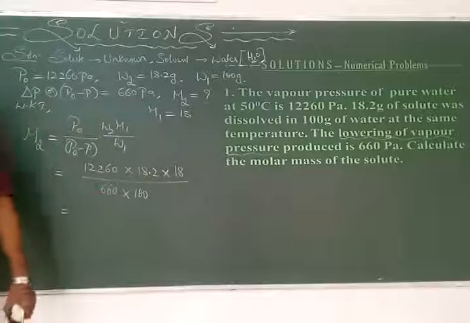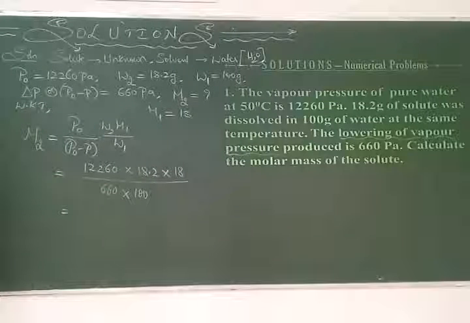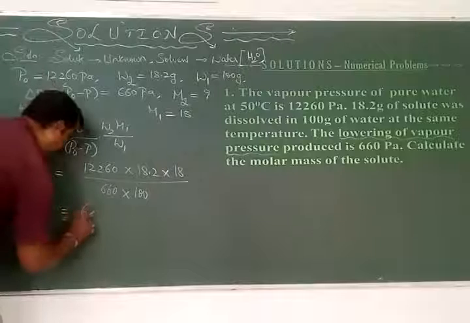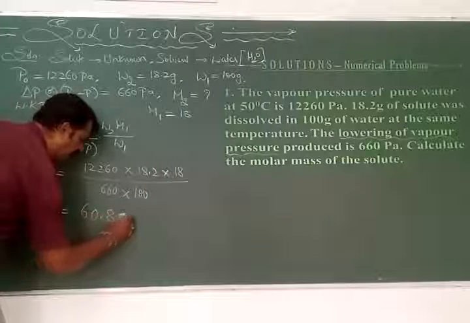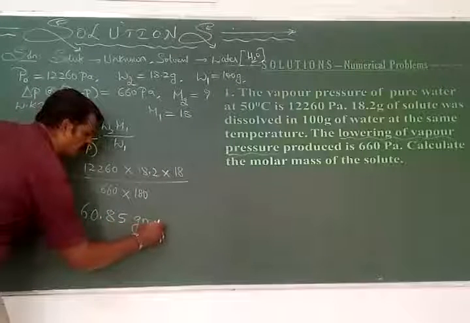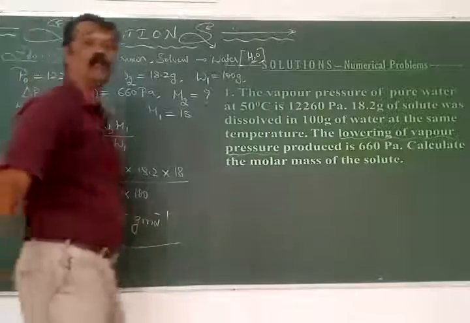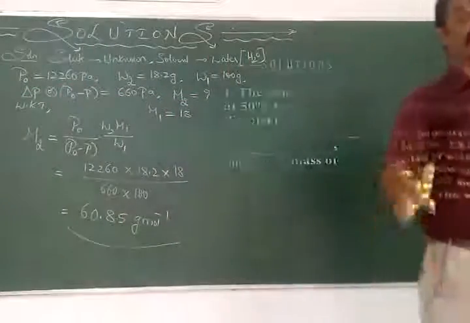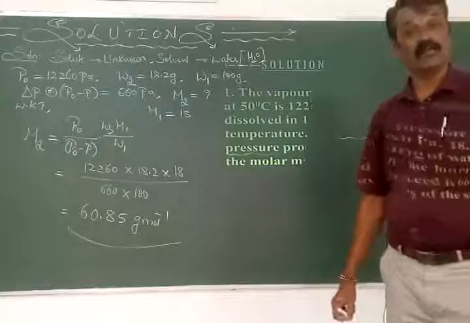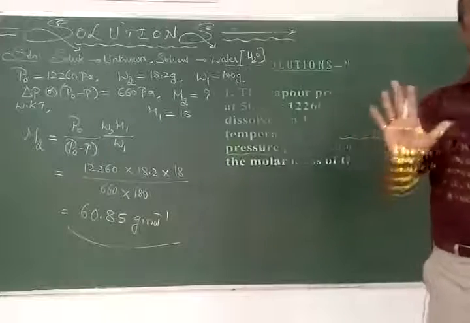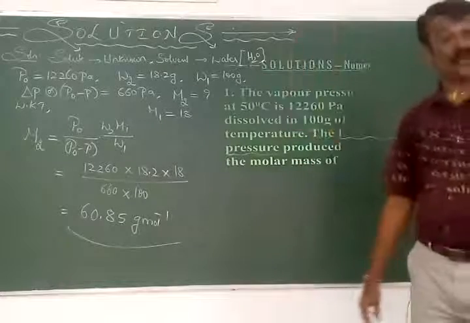So upon simplification, I will get the final answer of 60.85. The unit for this is gram per mole. Gram per mole is nothing but molecular mass. Or you can just keep the number as it is, because molecular mass doesn't have any unit.